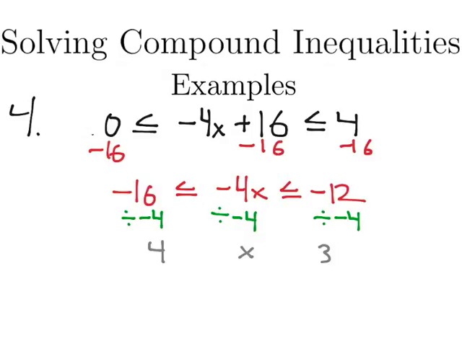So after the 4 here, I have less than or equal to. Now I need to switch that to greater than or equal to. And the same thing goes for this one, greater than or equal to. Because you're not supposed to put greater than or equal to signs here, it should always be, as it's used in the problem, less than or equal to or less than.